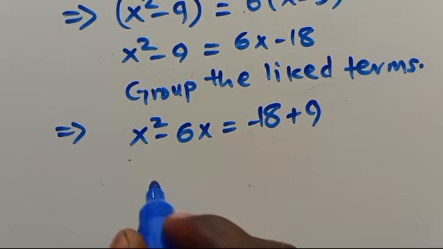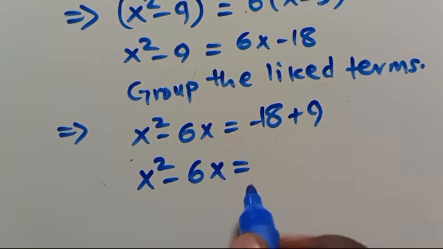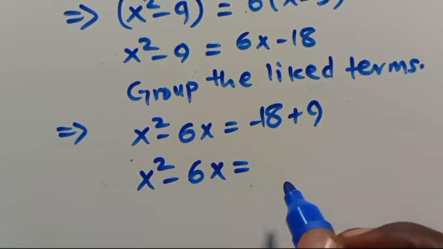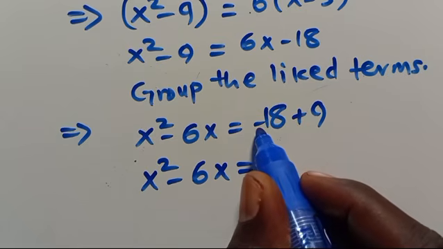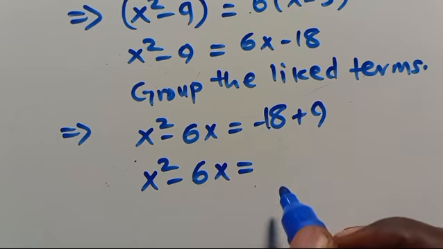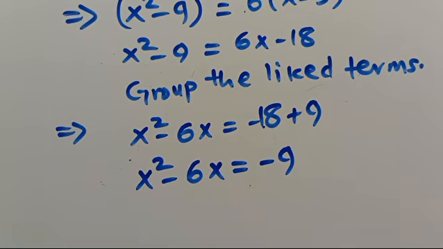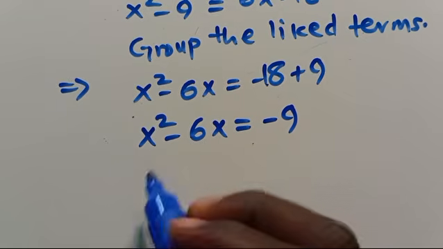So we have x squared minus 6x, then from here minus 18 plus 9. This will be minus 9. So let's take this one here back.